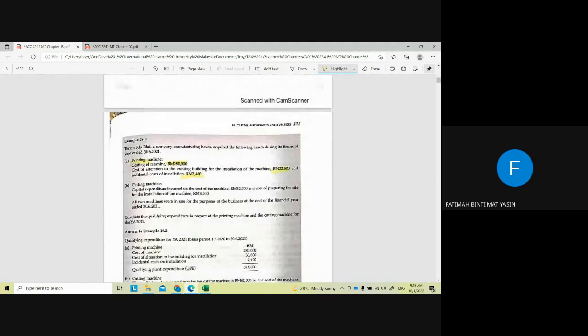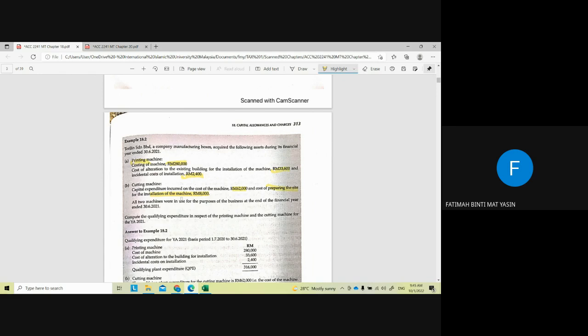Okay, so for B, when the company acquired the cutting machine, the capital expenditure incurred on the cost of the machine is 62,000 ringgit. The cost of preparing the site for the installation of the machine is 8,000 ringgit. So you must look at the words preparing the site for the installation. Okay, so all two machines were in use for the purpose of the business at the end of the financial year ended 30th June 2021.